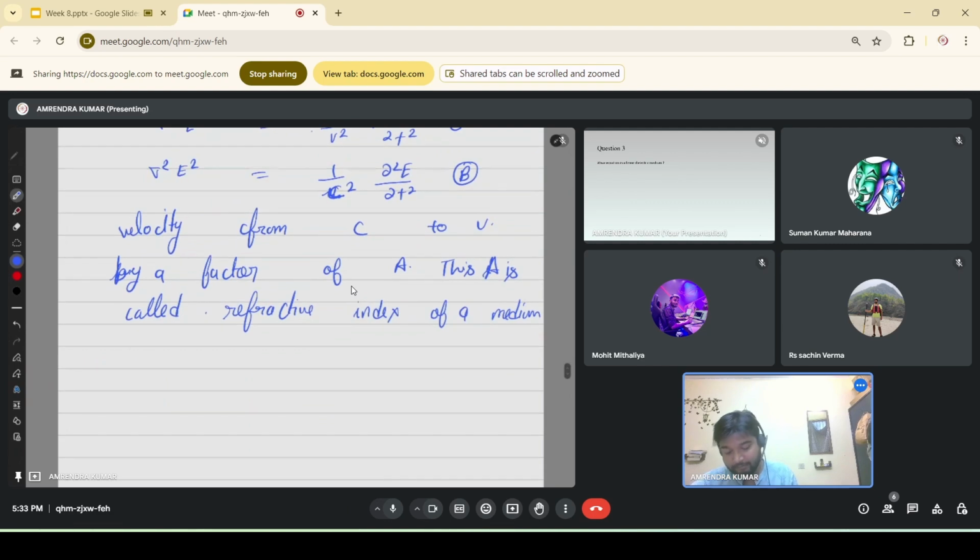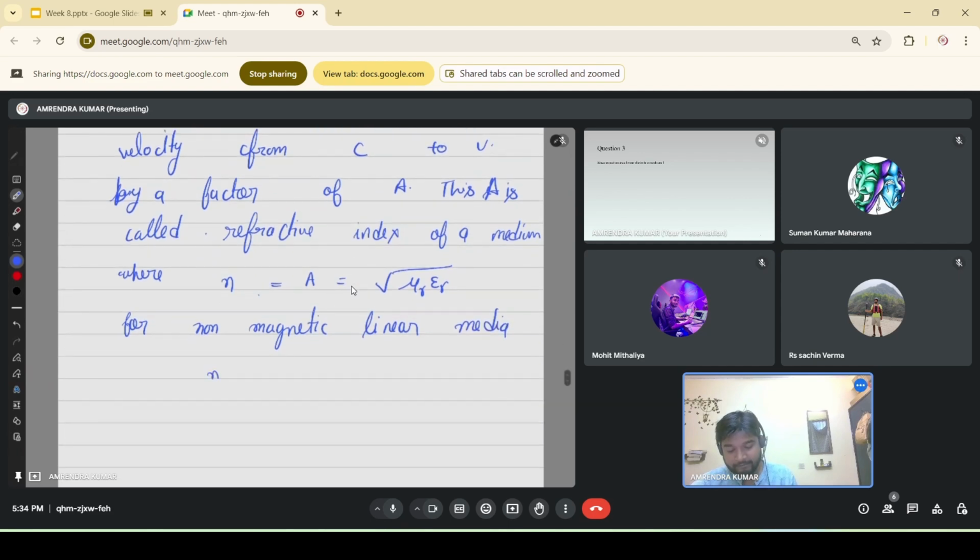So where it's called n, and it's equal to, here in our case, the square root of mu r epsilon r. And for a non-magnetic linear media, n is the square root of epsilon r, because mu r is 1 for this non-magnetic media.